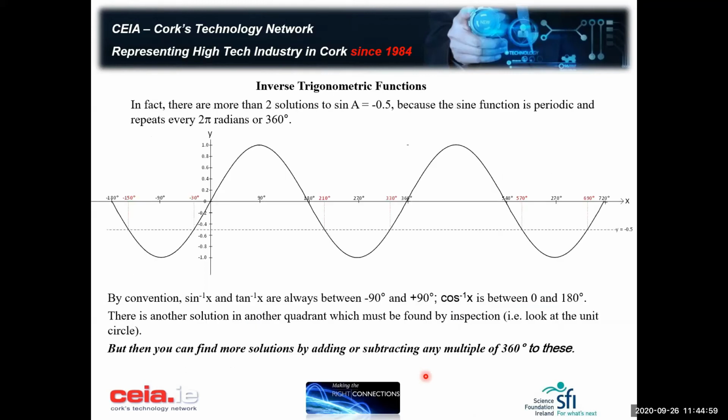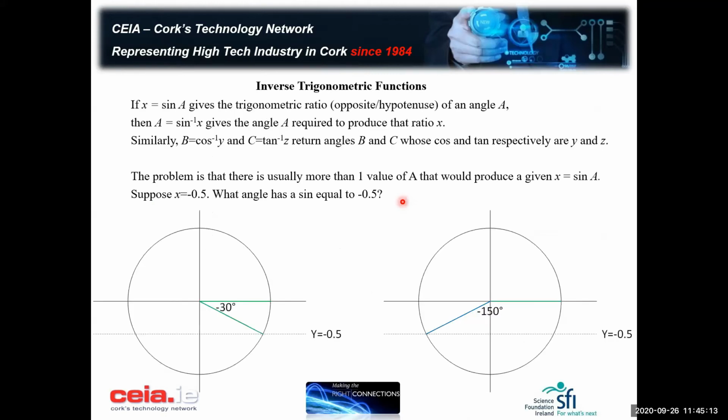So if we look at that in a different way, if we look at the plot of the sine function, the sine function extends beyond 360 degrees. If I can just go back a second, you can imagine angles where you rotate around to, say, in this case, plus 210 degrees, being the same as minus 150.